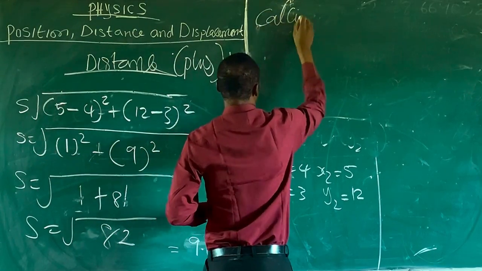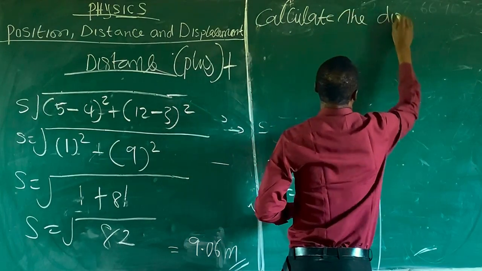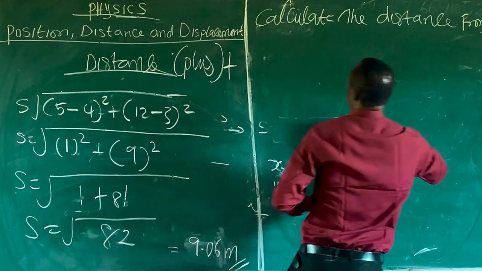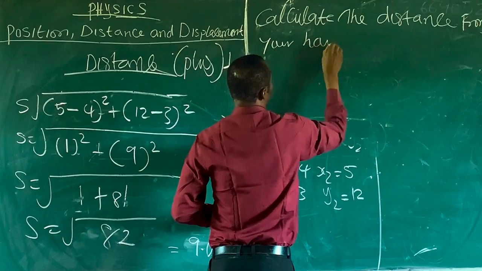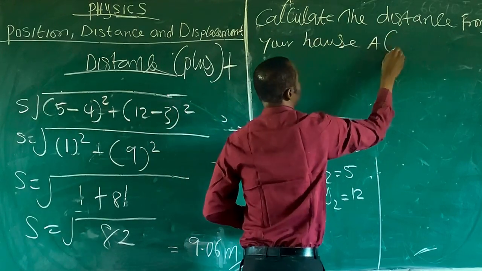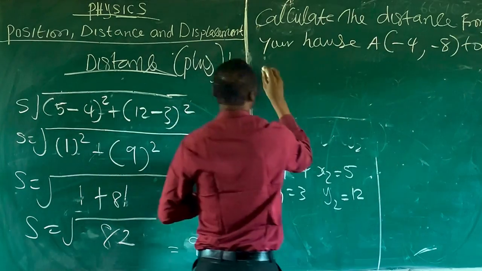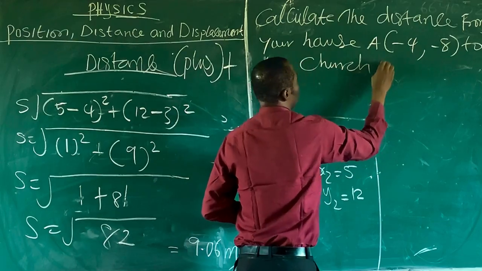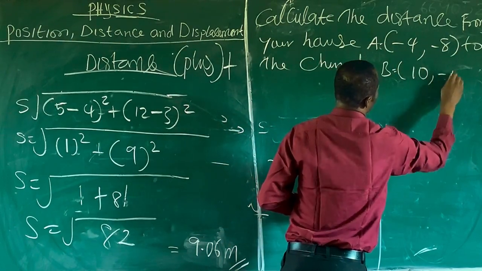Calculate the distance from your house, A, which is minus 4, minus 8, to the church. The church is B, which is equal to 10, minus 10.